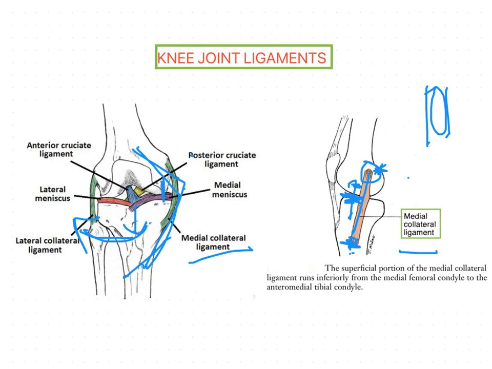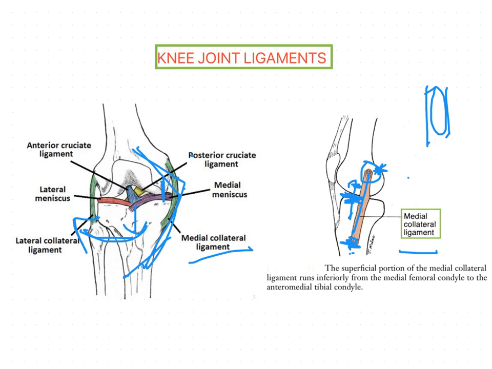And a very important thing is the medial collateral ligament has a rich blood supply, which allows it to heal by itself when it is ruptured or damaged. No surgical treatment is required based upon the tear.